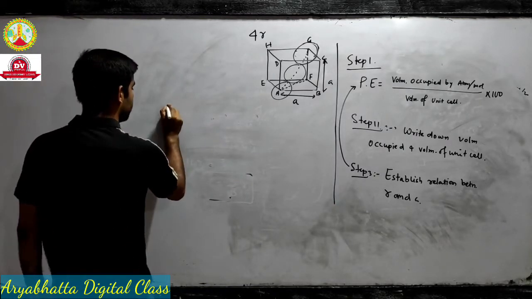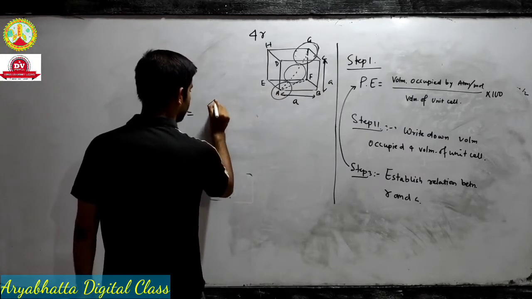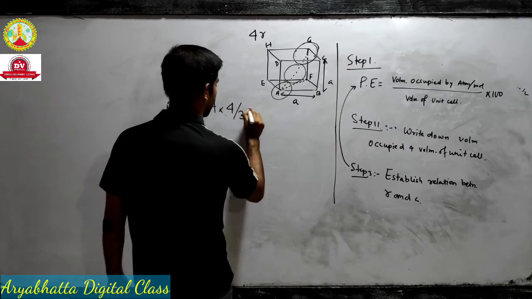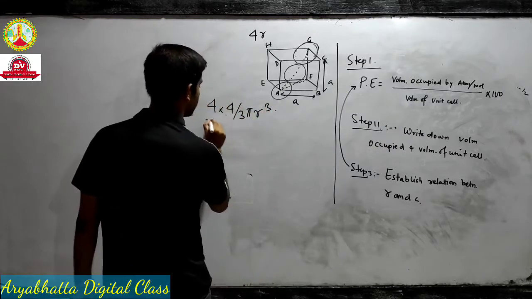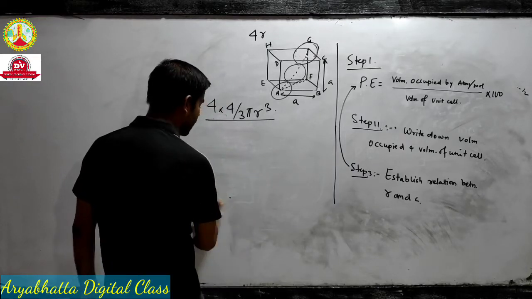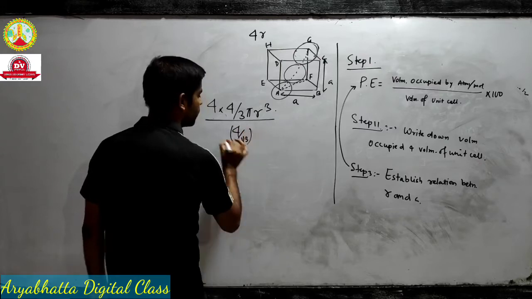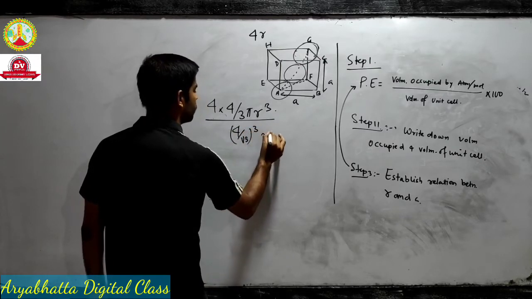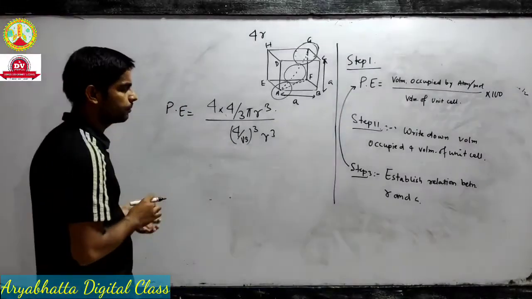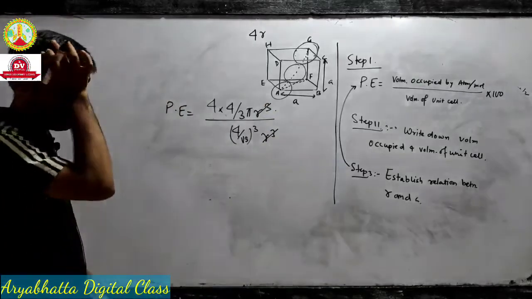So now in packing efficiency, the volume occupied was 4 into 4 by 3 pi r cube, and edge length was a cube. If I replace the a with r, then I will get 4 by root 3 cube into r cube. I will lose our r cube.